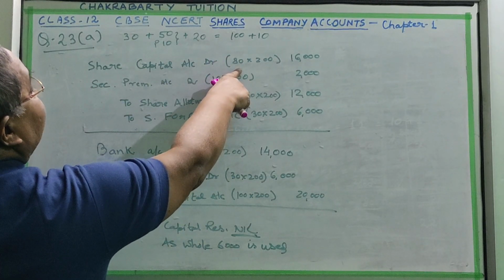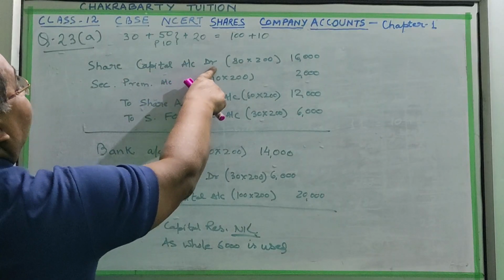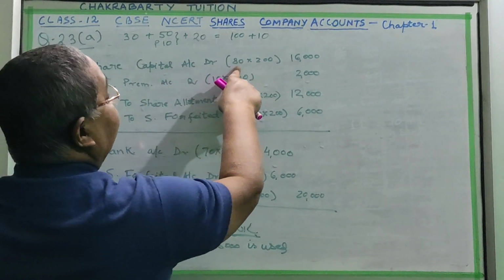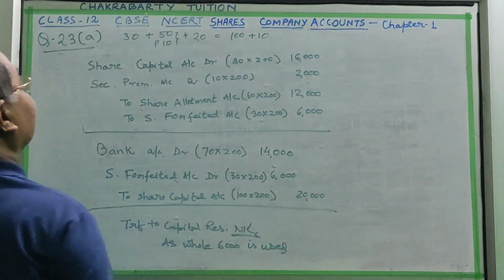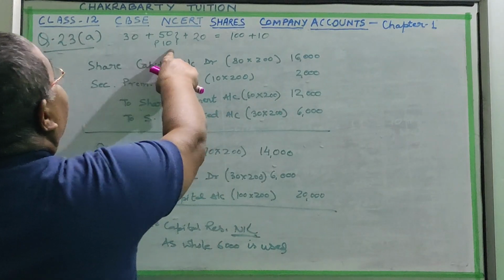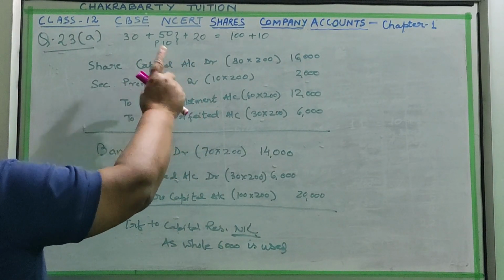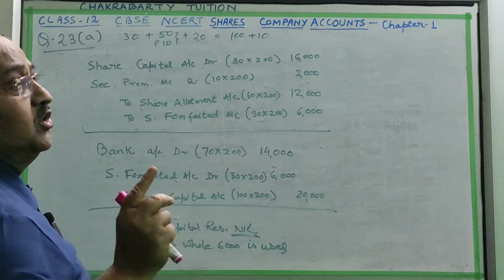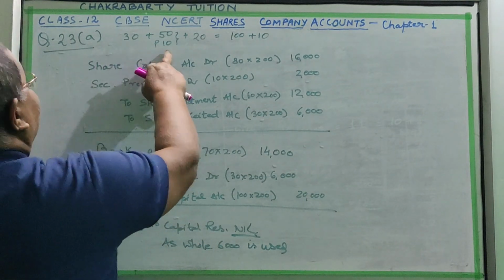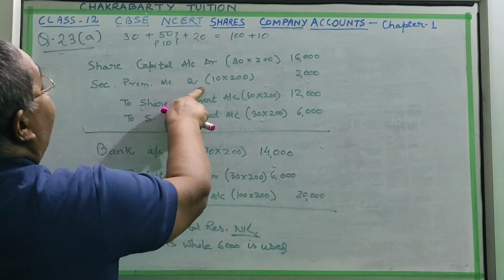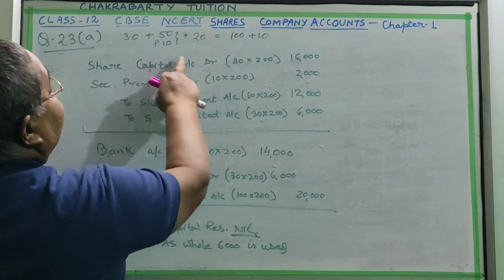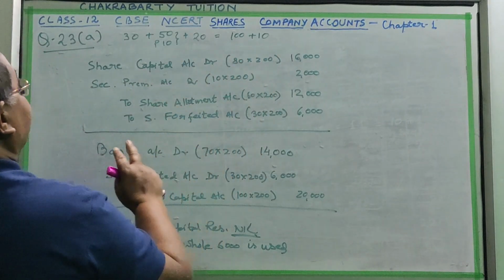So share capital account will be reversed by the calls made. 80 into 200, 16,000 will be the amount. Here premium also not received. When premium is not received, premium is reversed. But if it is received, then we do not reverse the premium account. Here premium not received, so securities premium account will also be debited by rupees 10 into 200 shares, 2,000.